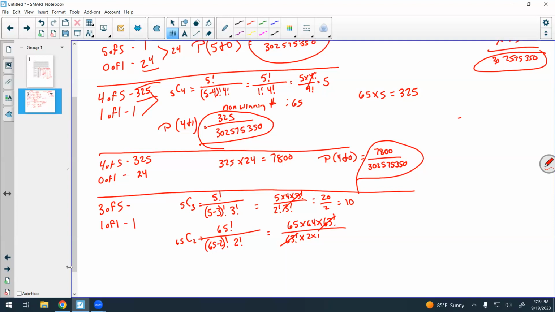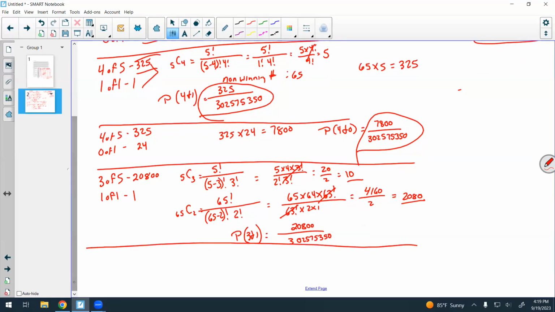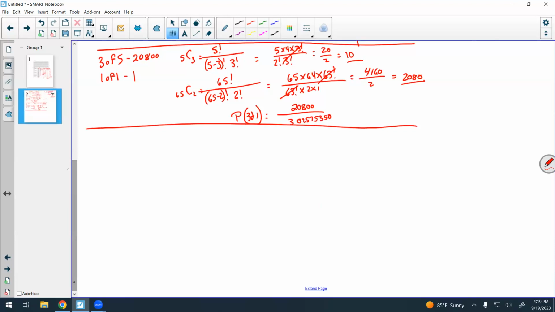We have 65 times 64 equals 4,160 over 2, which is 2,080. So I take this times this. I get 20,800. Multiply it by 1, and I get 20,800 over 302,575,350. That's the probability of 3 and 1. Still with me?